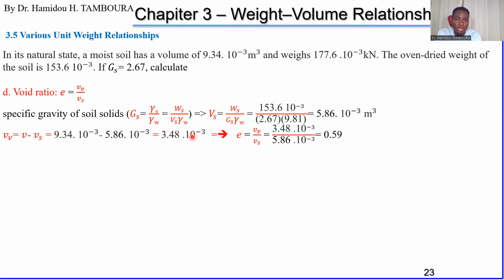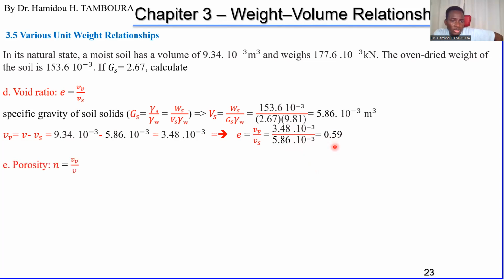And now we have both things we need to estimate the void ratio, which are volume of void and volume of soil particle. And by making a numerical application of this, we can obtain a void ratio of 0.59.